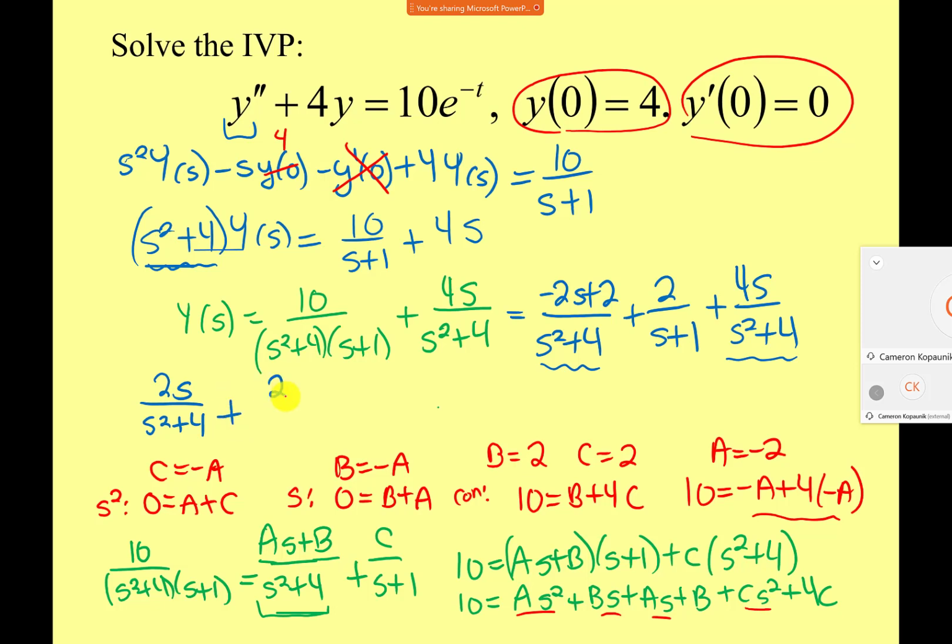Then I'm going to have 2s over s squared plus 4, and then I'm still going to have that plus 2 over s plus 1. So what I did was I combined these two fractions and got 2s plus 2, but I went ahead and put the denominator under each piece, breaking it up into individual fractions, because that's how we're going to be able to inverse transform it.